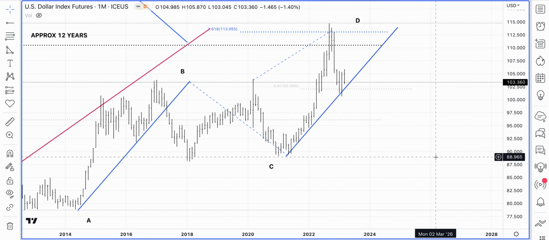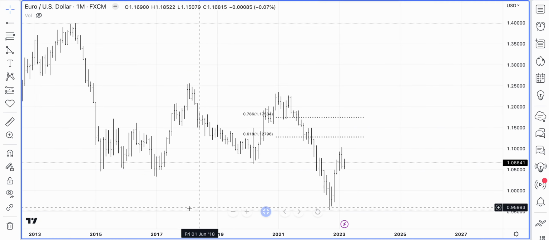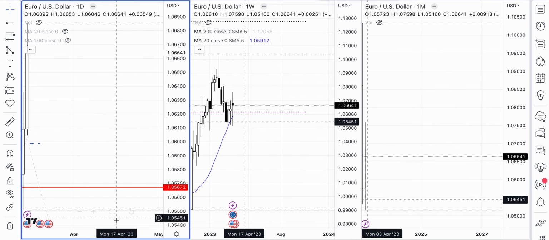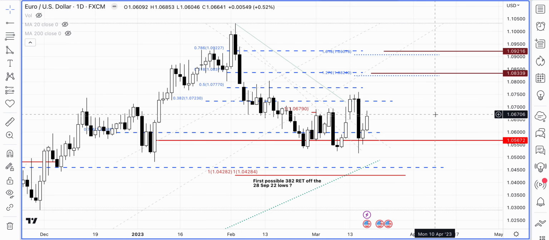We have had several really good rallies in the US dollar. Okay, so let's take a look at the EURUSD forex pair. Let me go to the daily chart. Here again, this is pretty much the inverse of the US dollar index, and the reason is that I believe about 51% of the US dollar index is actually EURUSD.